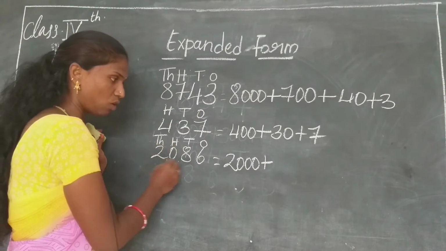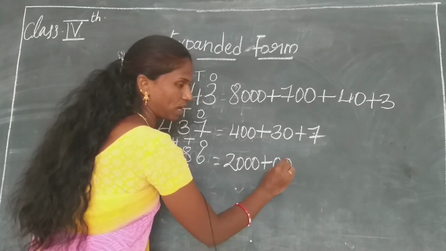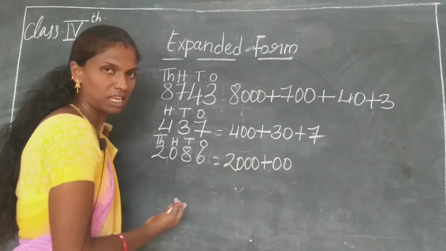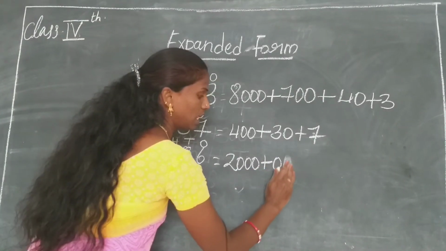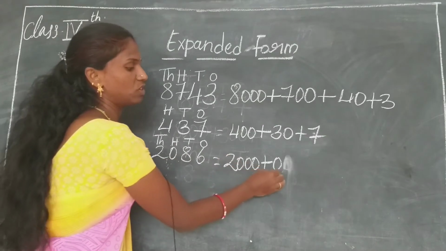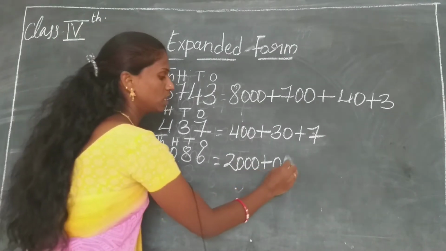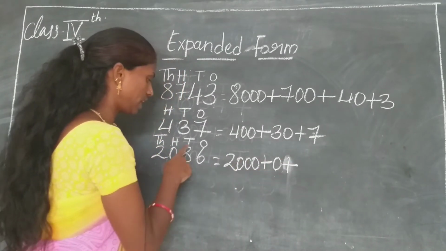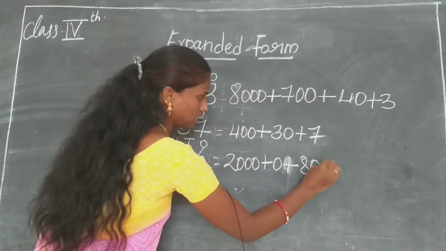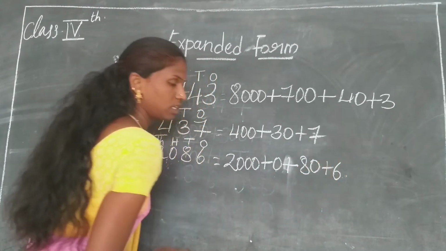If we write one zero or many zeros, there is no value, the value is nothing. So in the hundreds place, nothing is there, so we just put 0, plus 8 is in the tens place, we have to write 80, and 6 is in the ones place, we have to write 6.